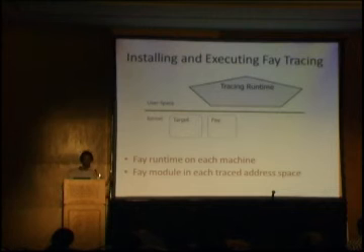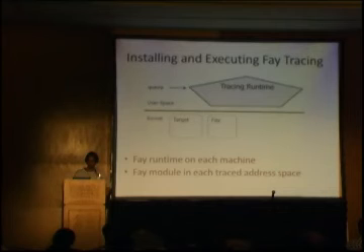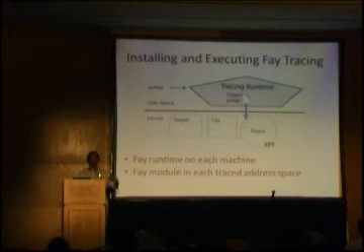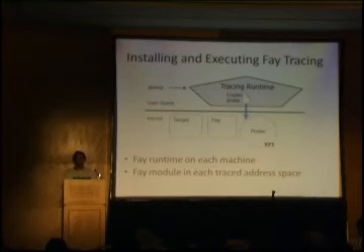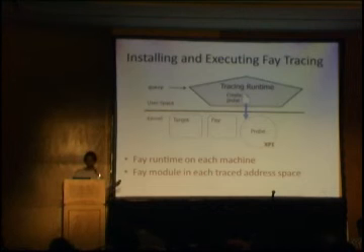So in this case, it will be the kernel. And then we send the tracing query to each one of these tracing runtimes, which take the query and do source-to-source translation from the trace query to a C program, which they then subsequently compile into a tracing probe. And then that is made safe using XFI that I've explained earlier, and installed into the address space that we're trying to trace. In this case, again, it's the kernel.